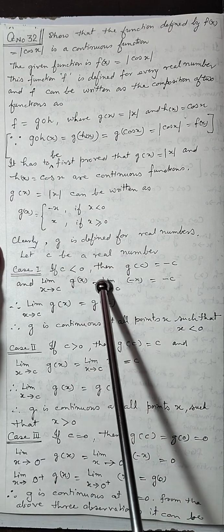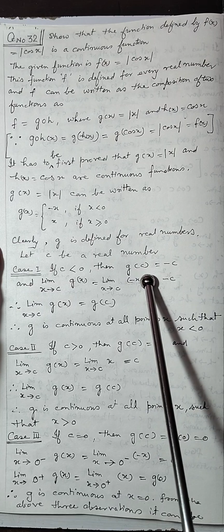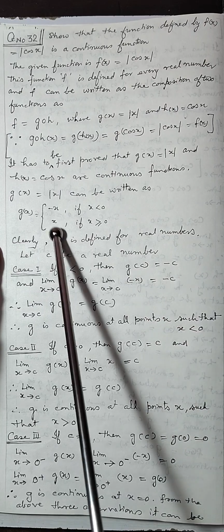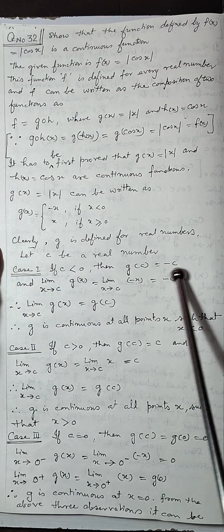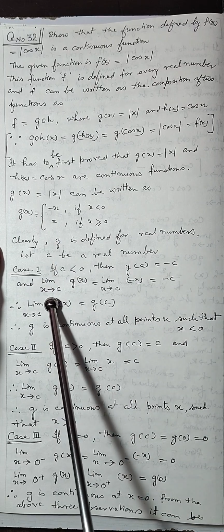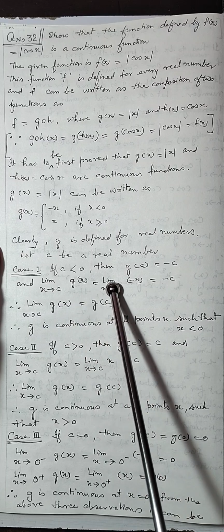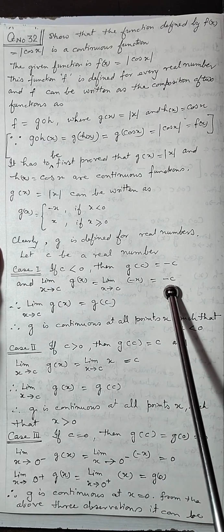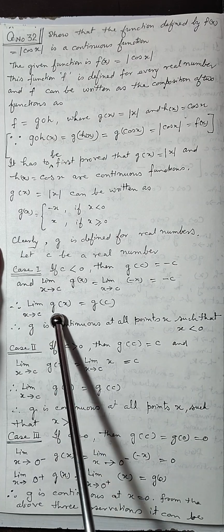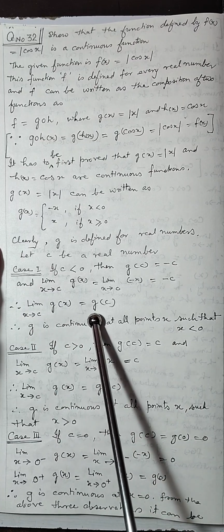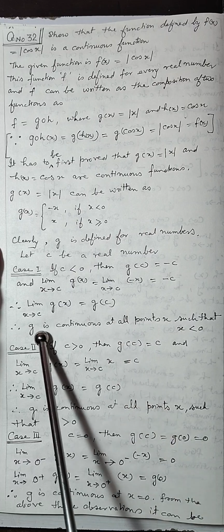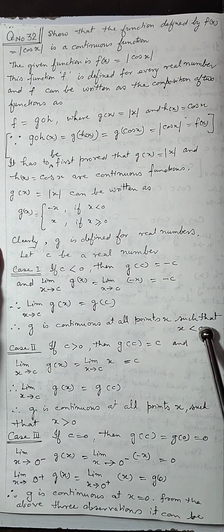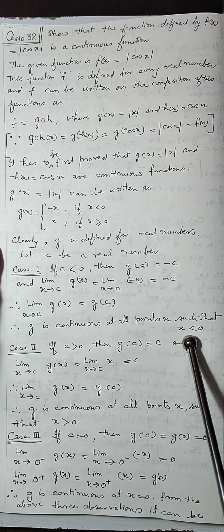If c < 0, then g(c) = -c. Here, see, it is -x, so here it becomes -c. And the limit as x approaches c of g(x) is the limit of -x, which is equal to -c. Therefore, the limit of g(x) is equal to g(c). Therefore, g is continuous at all points x such that x < 0.